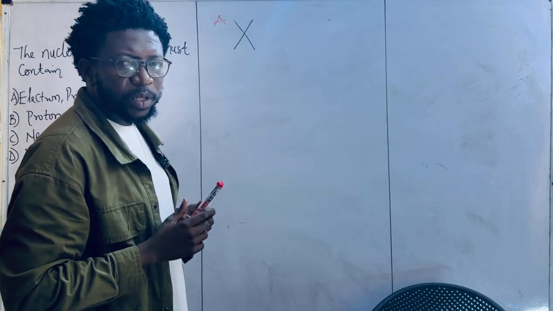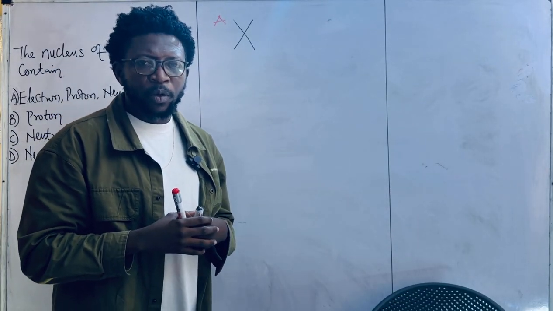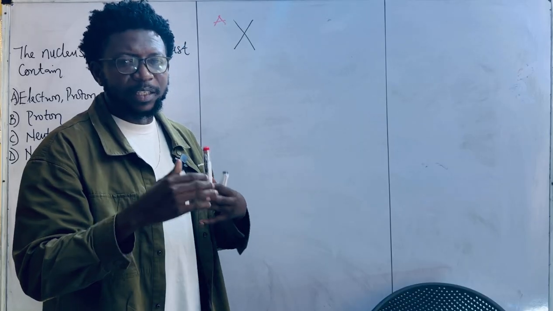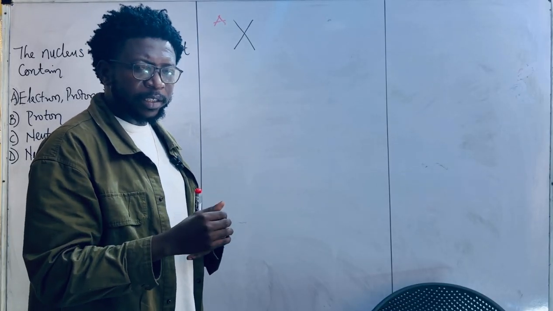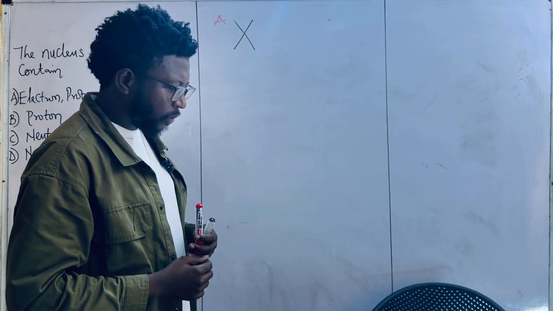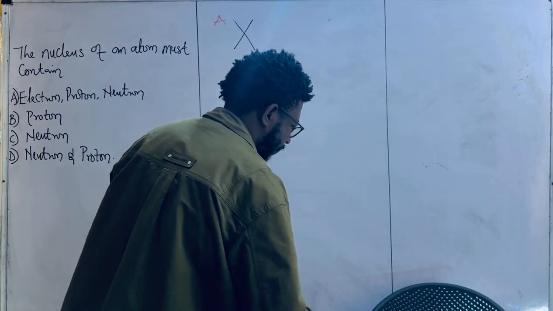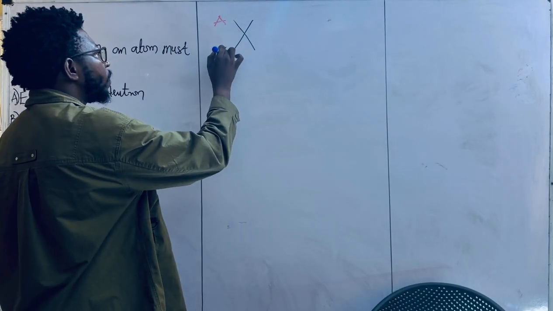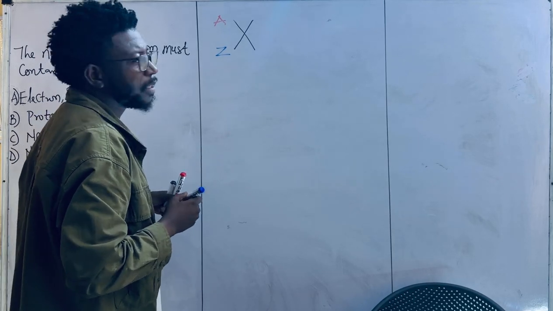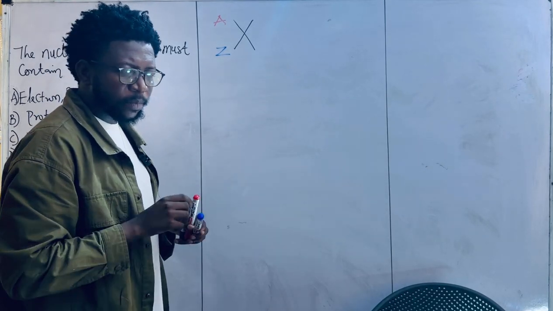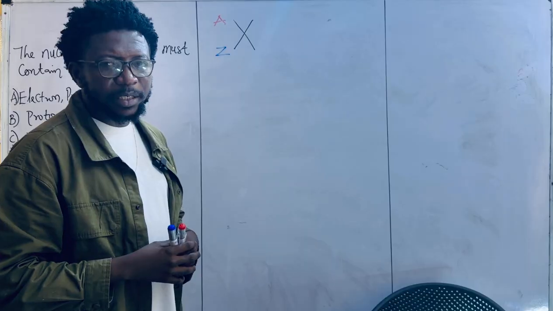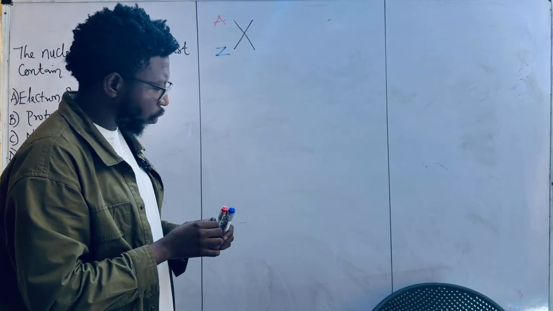Then we have the proton number, represented by the letter Z, written as the subscript to the left of the symbol. So Z represents the atomic number, while A represents the atomic mass number.